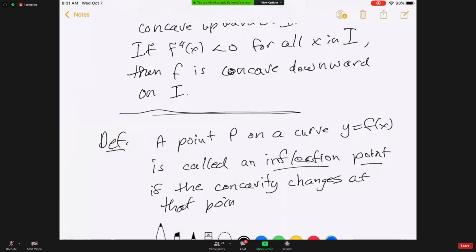That is, P would be a critical point for the second derivative. If on the left-hand side of P it's concave up, and on the right-hand side it's concave down, or vice versa, so if the concavity changes when the graph goes through that point P, you have what's called an inflection point.